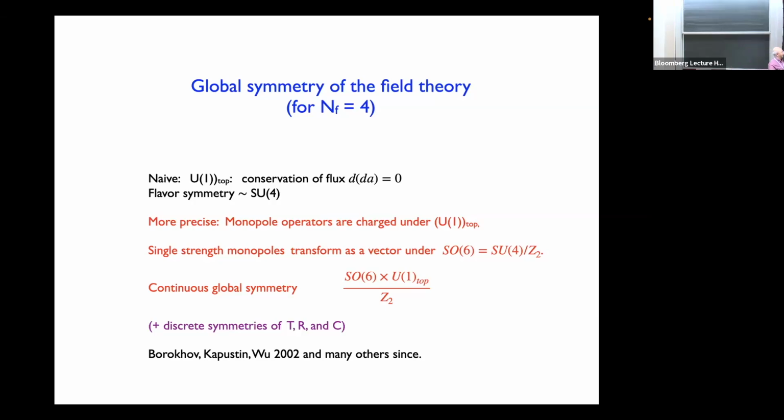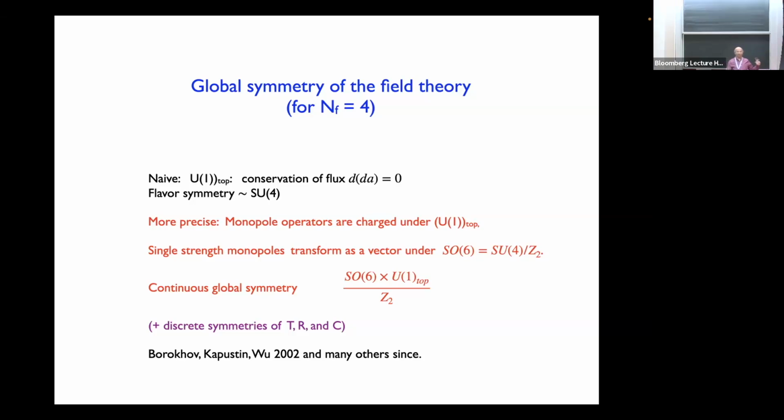What that translates to is that these single strength monopoles transform as a vector under SO6, which is the same as SU4 mod Z2. So these elementary monopole operators have charge 1 under this symmetry and are a vector under this SO6. So the continuous part of the global symmetry is actually SO6 times U1 topological mod Z2.